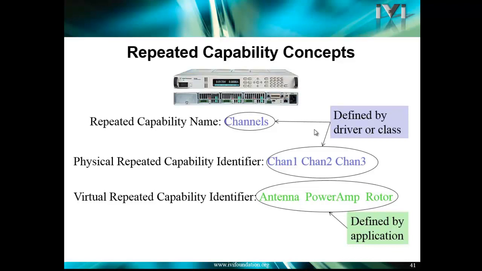So the notion is you've got a repeated capability name that identifies what we're talking about is channels, a physical identifier specified by the driver, and a virtual identifier specified by the application. Generally the IVI APIs will take either a physical identifier or a virtual identifier for a given API.